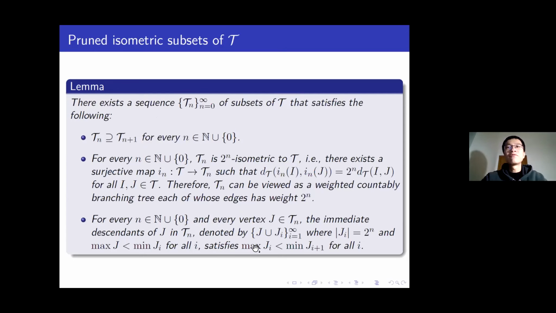It says that for every vertex j in Tn, let's denote the immediate descendants of j in Tn by j union ji. Note that these are immediate descendants of j in Tn, not in T. So each ji has length 2 to the n.